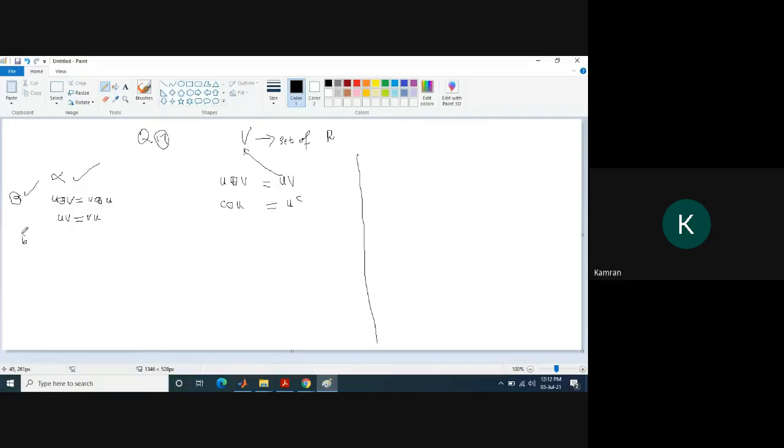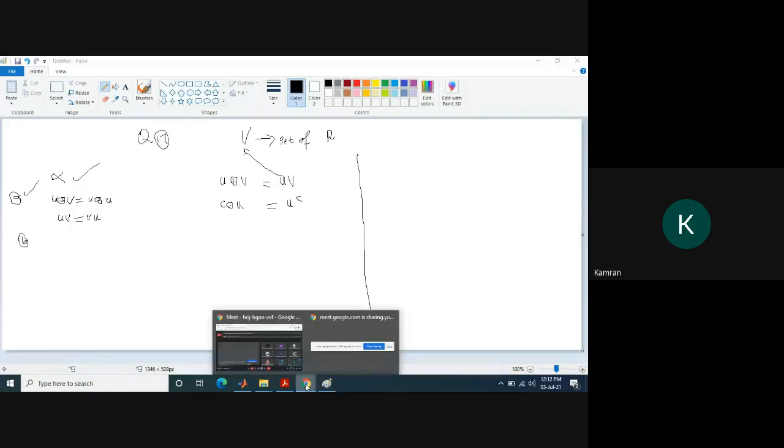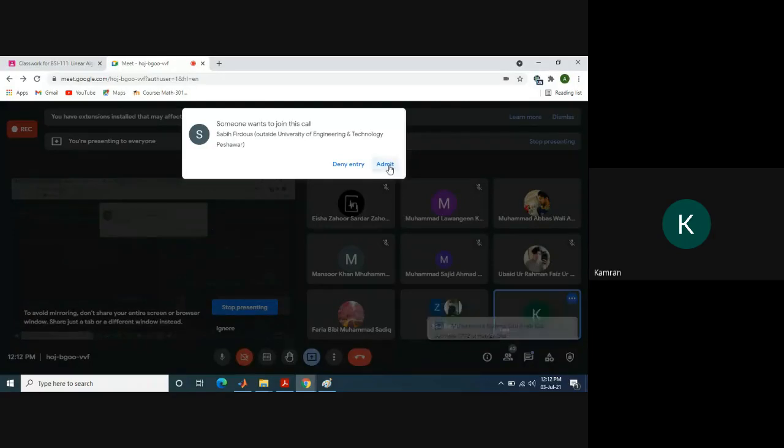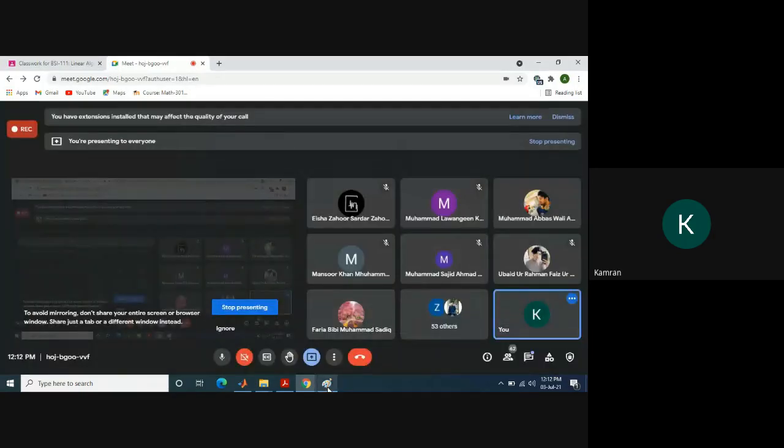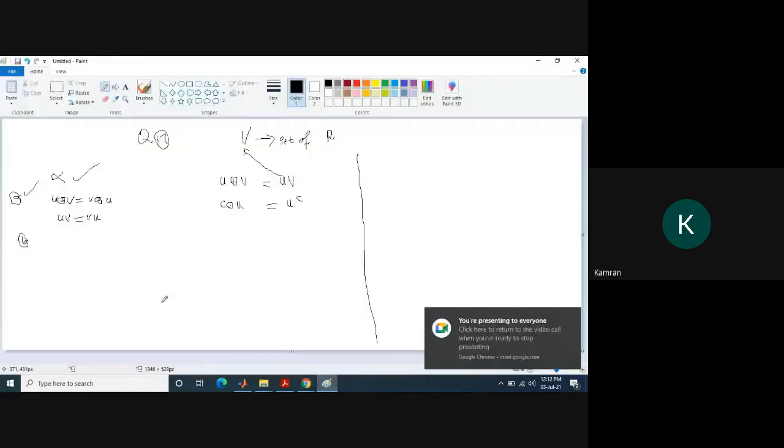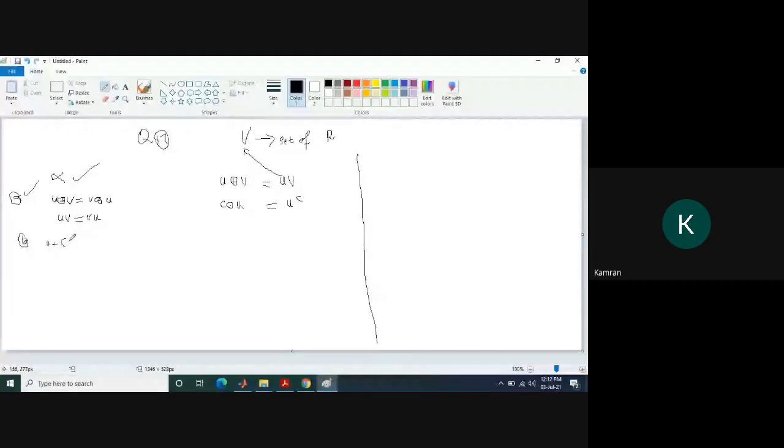Next is condition B, the associative property: u plus (v plus w) must be equal to (u plus v) plus w.